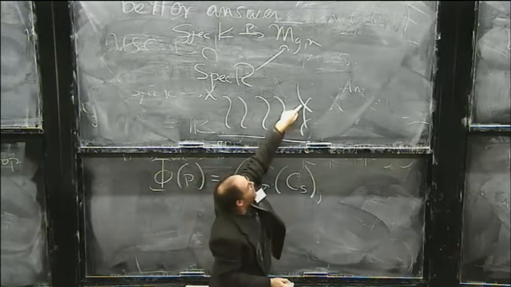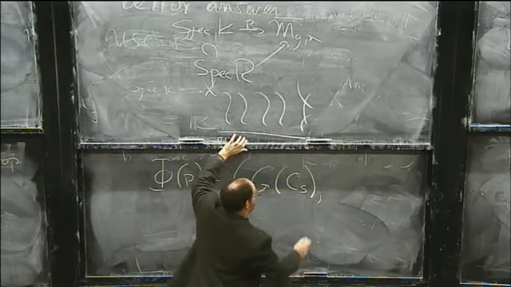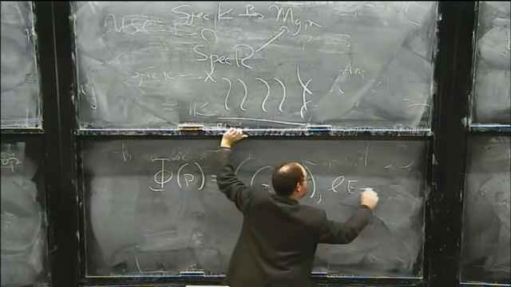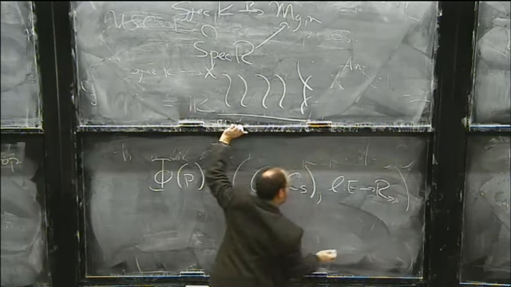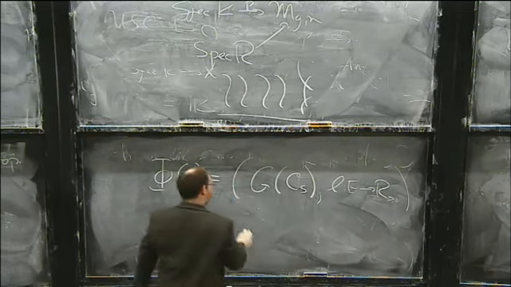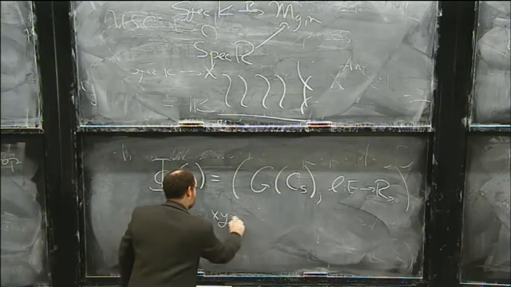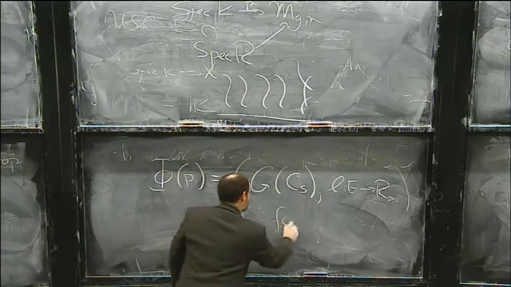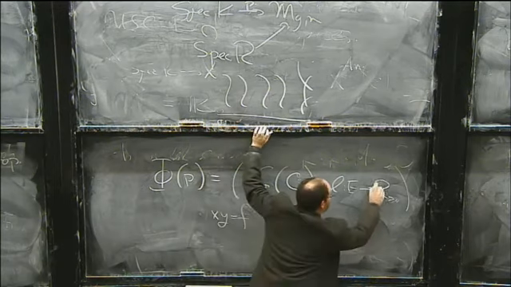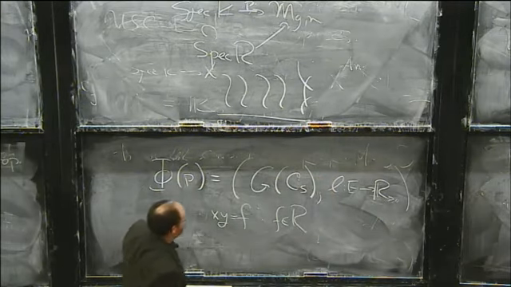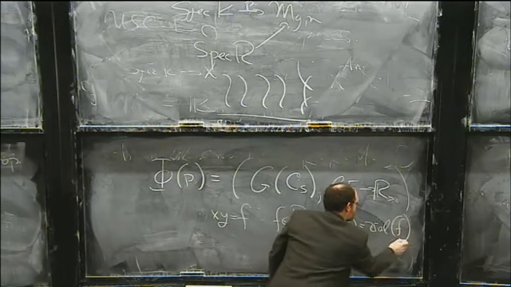And I need to metrize it. So I need for each node to tell you what its length is. So here's what L is. If you have a node, then it locally looks like xy equals f, where f is in R, this ring of integers. This is the different R. And L of E is precisely the valuation of f.